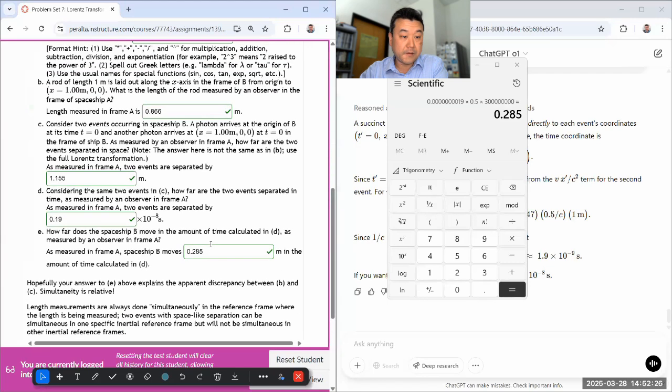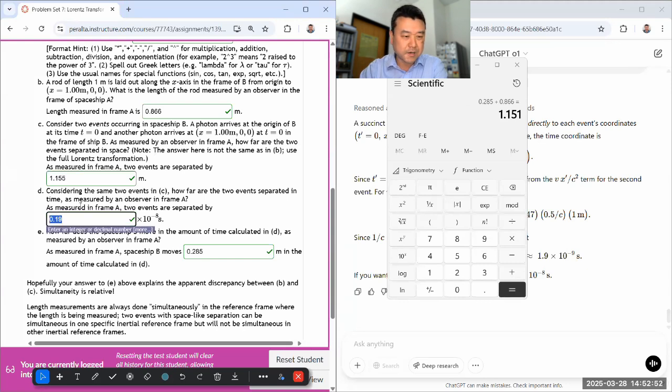And I guess there really should have been a part F that makes you reconcile everything. The spatial separation that spaceship A measures is basically the length-contracted distance, the length of the ruler, 0.866, plus how much the thing moved between those two events. So this plus 0.866 gives you this spatial separation, with some rounding errors.